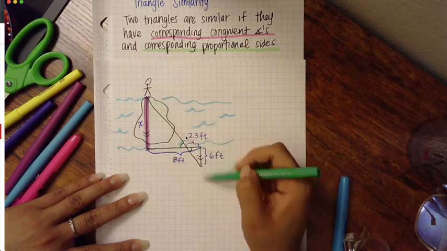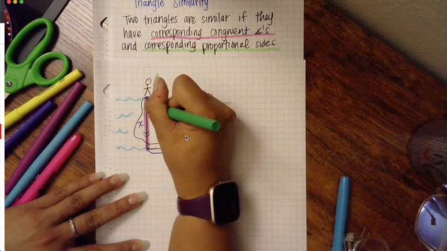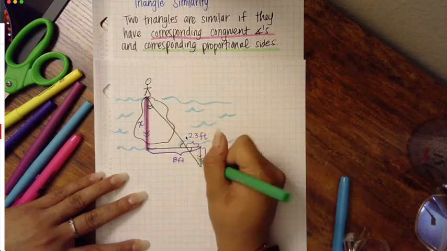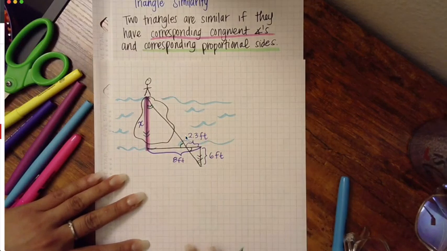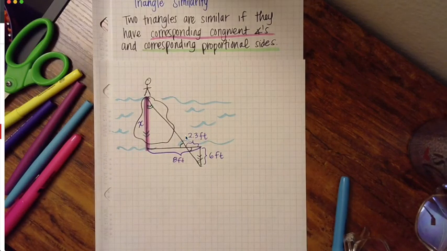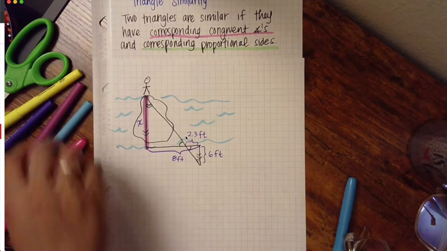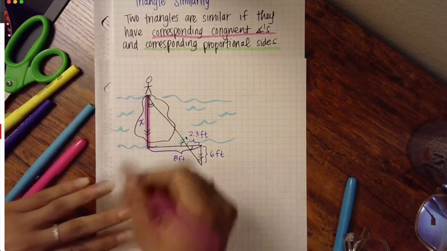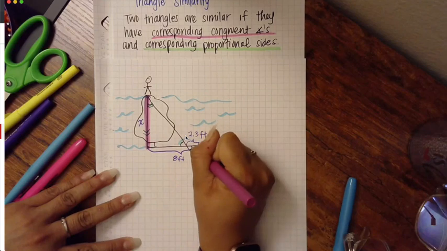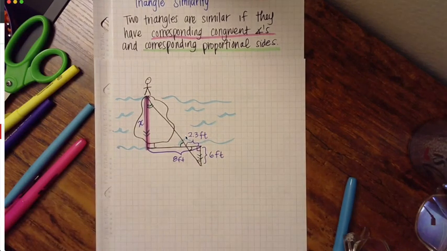So when parallel lines are cut by a transversal, alternate interior angles are congruent. And because the triangle angle sum theorem says that all triangles sum up to 180, I know that if these two angles are corresponding and congruent on these two, then the third angle must also be. And in this situation, that third angle is a right angle.